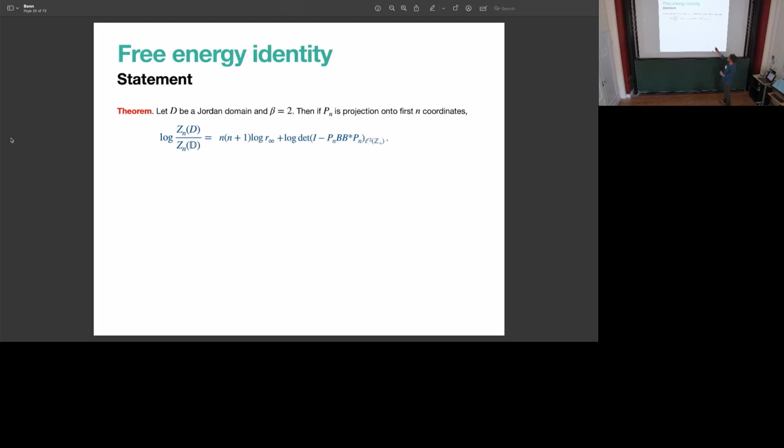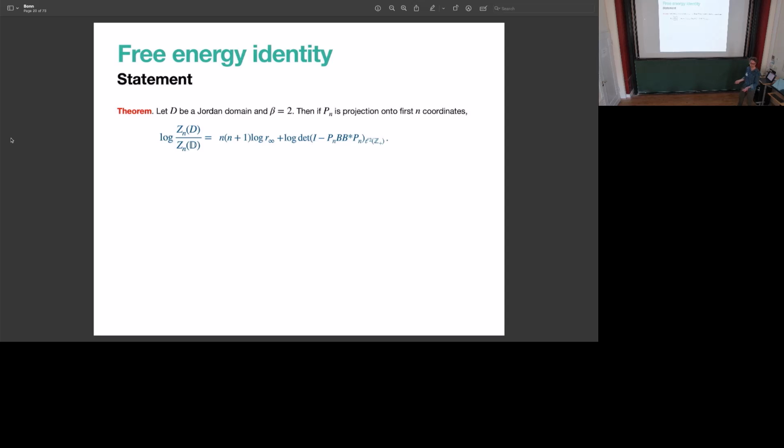So you have a log of a determinant where B is the Grunsky matrix for my domain D, but then I truncate it. So P_n is the projection on the first n coordinates in little l2. So this is now a matrix, and these are the first two terms, but these are actually all the terms.